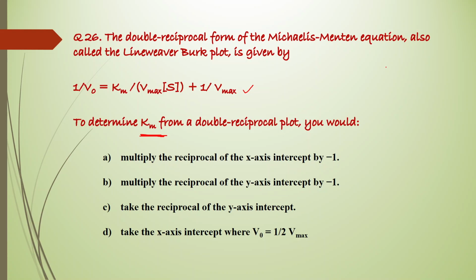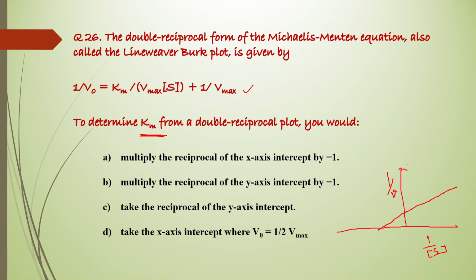So first of all, you need to actually draw the double reciprocal plot. Fine. So let us just draw that. What is our double reciprocal plot? It looks something like this, where you plot 1 by V versus 1 by substrate concentration. And then you can get a plot like this.